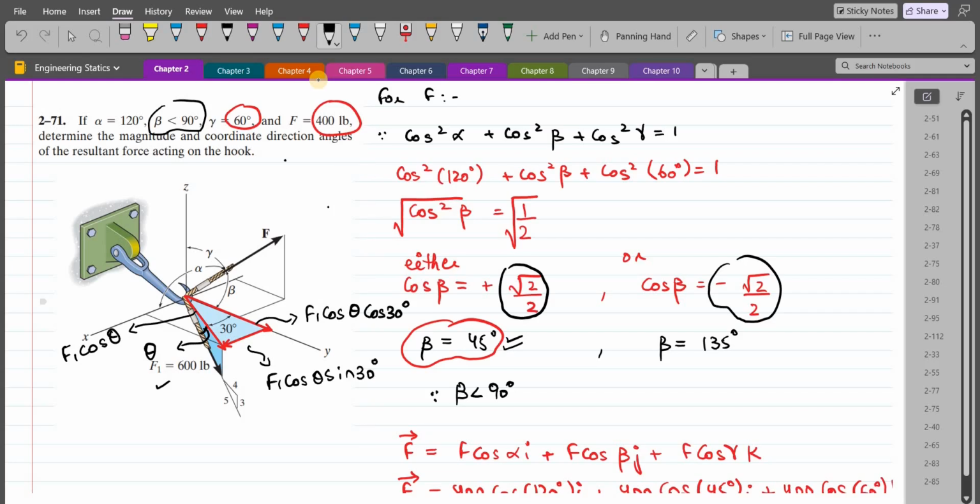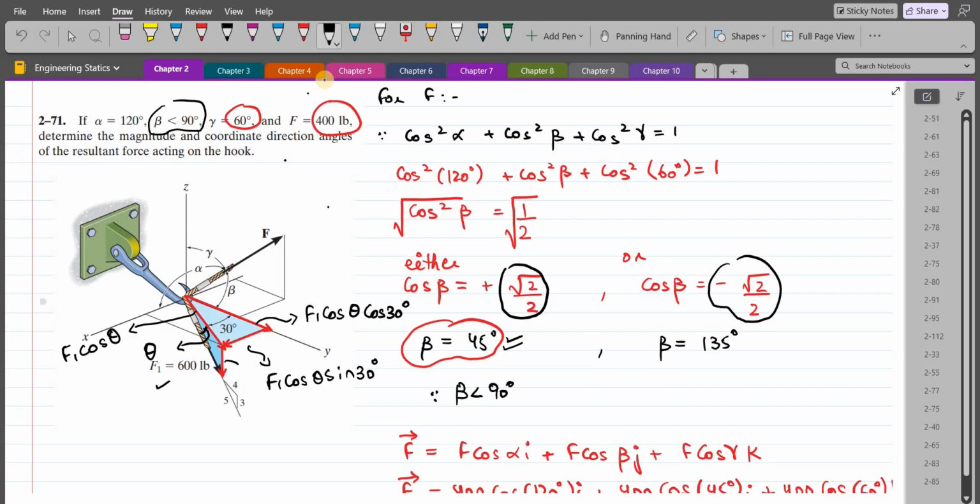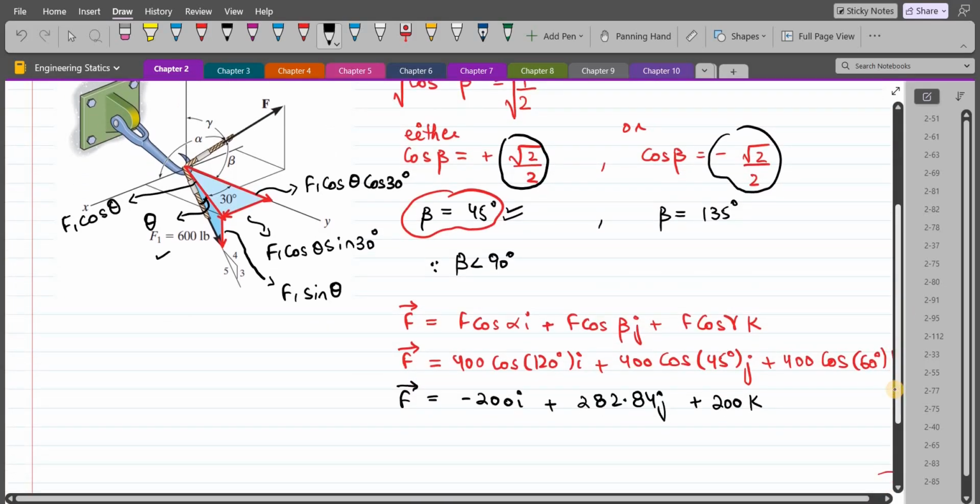We have one more component for the F1 force, which is a negative z component acting in a downward direction. This is the z component of F1 force, and it can be written as F1 sine theta. So these are the components of F1 force. Now we have to calculate the value of this angle theta.